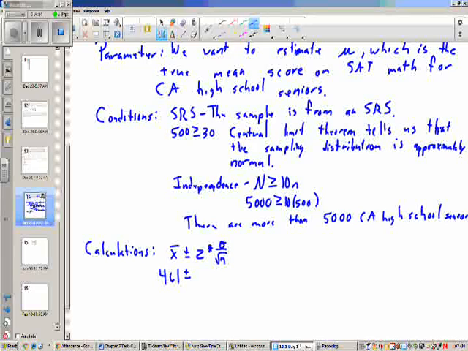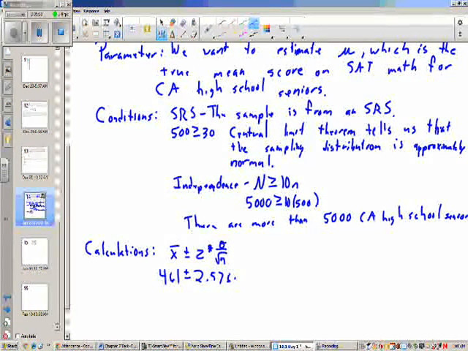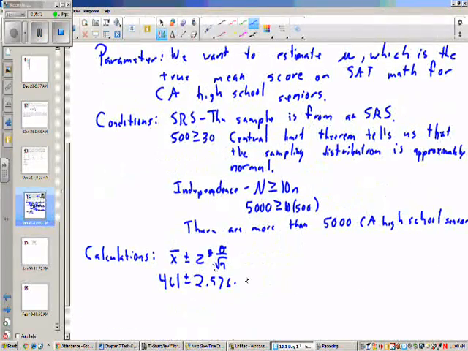Our z star is the z star for the 99% confidence interval. And that value is 2.576. And we're going to multiply this by the standard deviation of the population, which is 100. Now we divide that by the square root of 500.